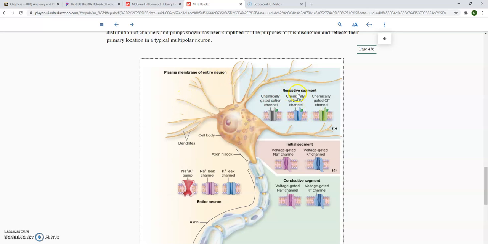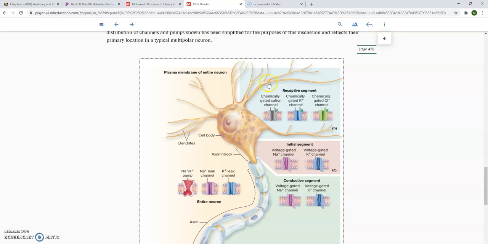We call it the receptive segment of the neuron because this is the part that receives signals from another neuron. So we call it the receptive end. It's receiving information from another neuron. This includes the dendrites and the cell body. So that's the receptive segment of any neuron.